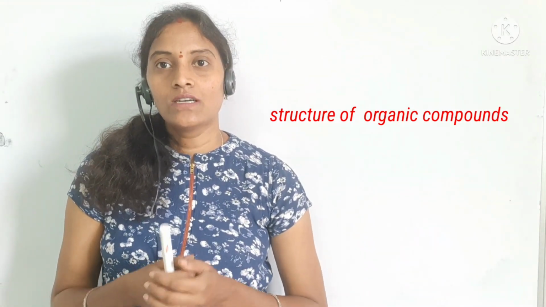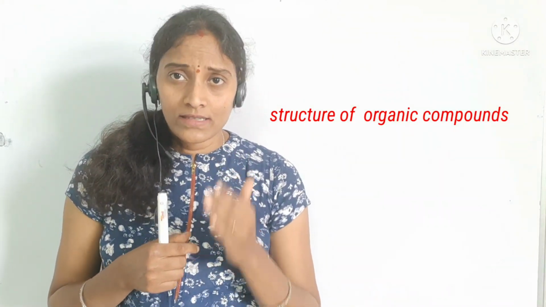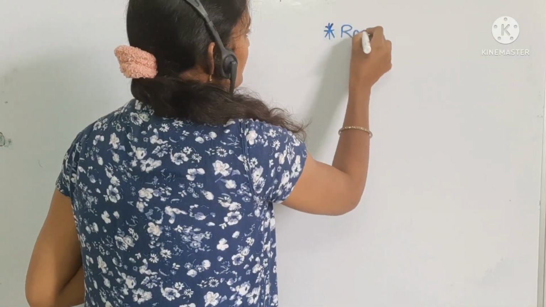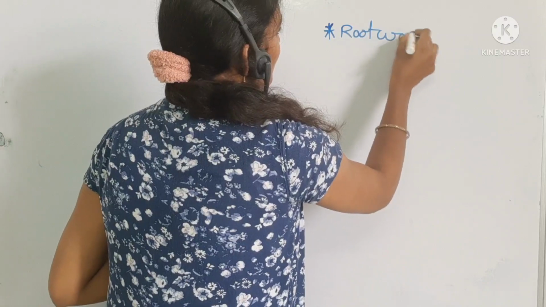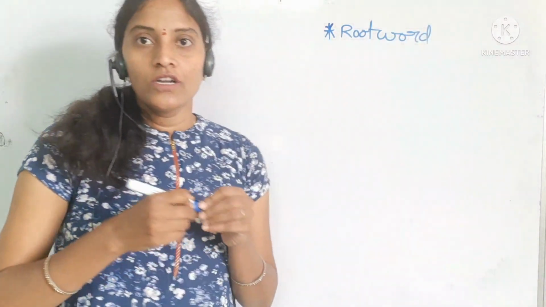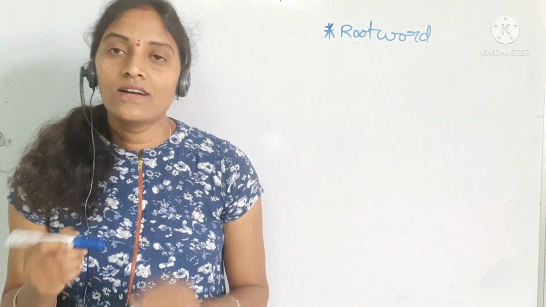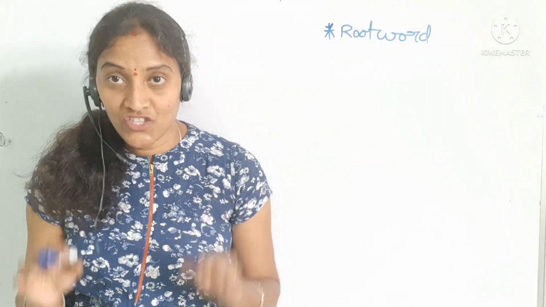Step 1 is what? While seeing an organic compound's name, you need to identify the root word of that organic compound. By seeing this root word, you can identify how many carbon atoms are present in the principal carbon chain.